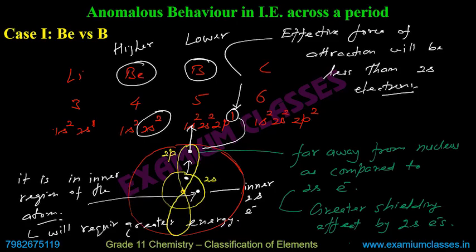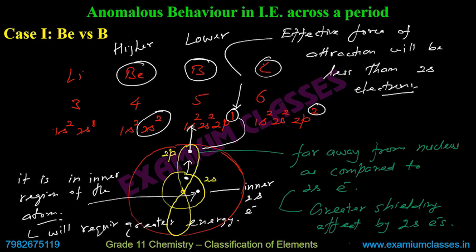So normal trend is that it should increase from left to right, but in this case, boron will have lower ionization enthalpy as compared to beryllium due to electronic configuration. If I consider boron and carbon, in both the electron goes in 2p, so there will not be much difference. But in beryllium and boron, the orbital changed, and that's why the difference.